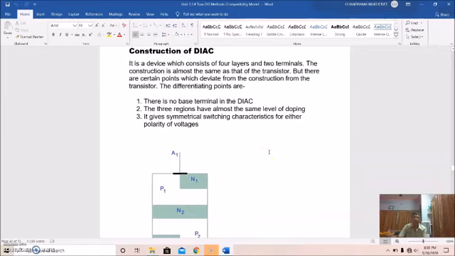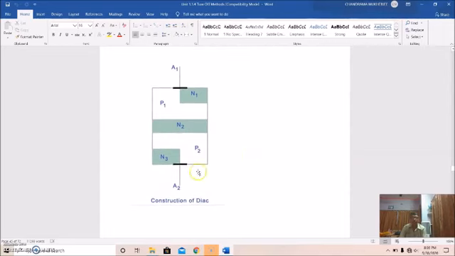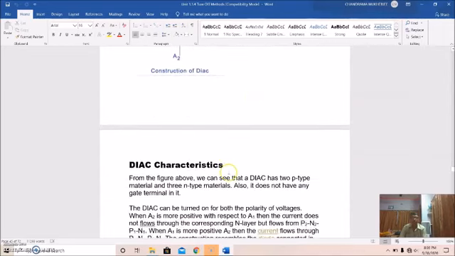Differentiating points are: DIAC has no base. The three regions have almost the same level of doping. It gives symmetrical switching characteristics for either polarity of voltages. So this is the construction of a DIAC.